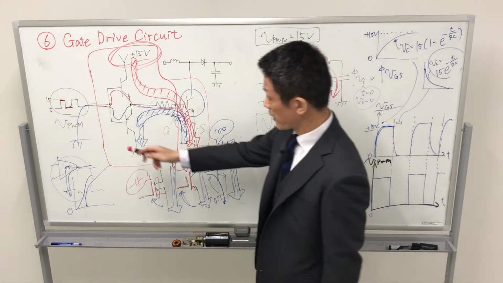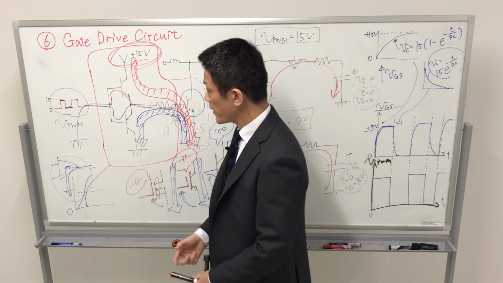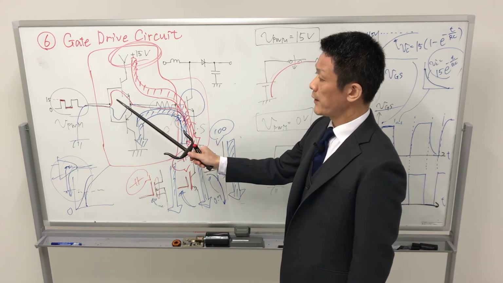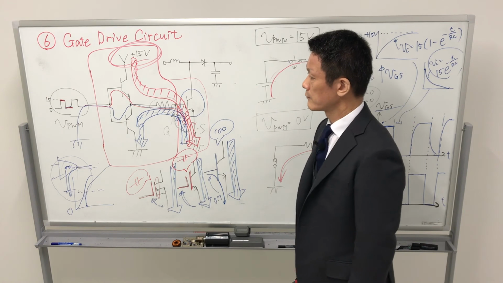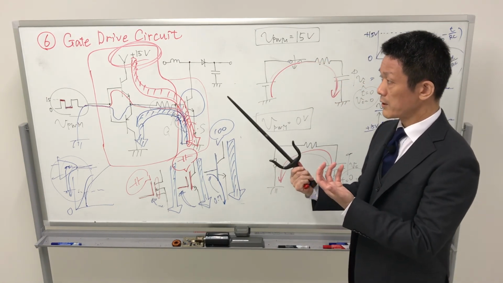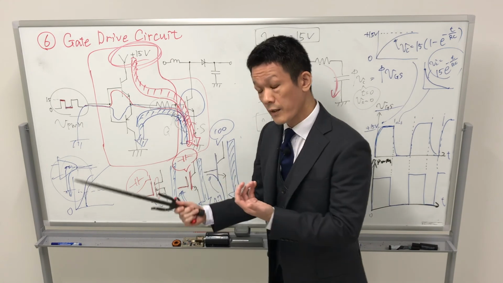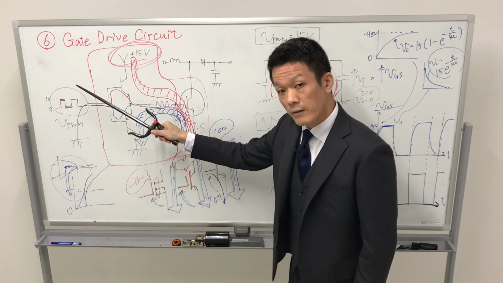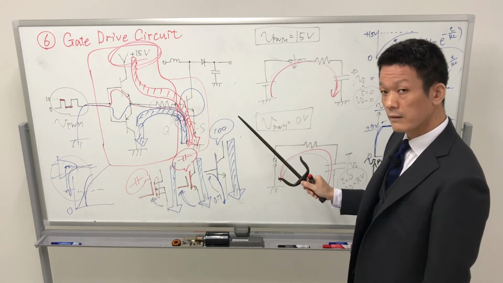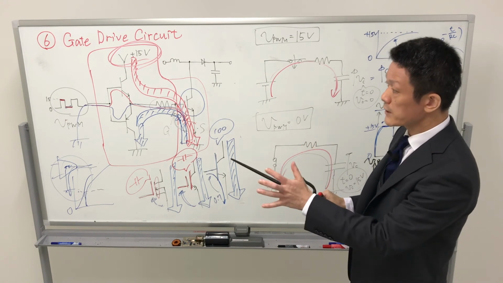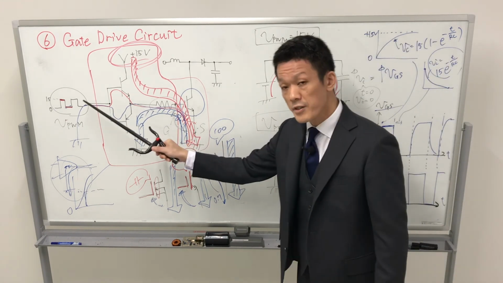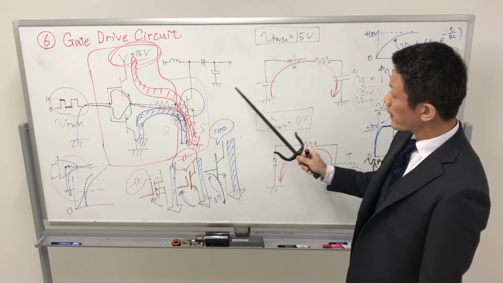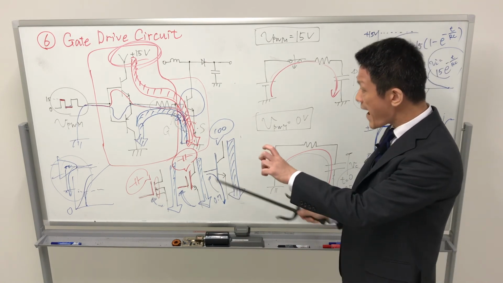In case of this signal, we cannot obtain the high current because it is an electronic signal. This gate drive circuit is the gate between the electronic circuit and the electrical circuit. An electronic circuit considers only the voltage and little current. However, an electrical circuit requires voltage and current.